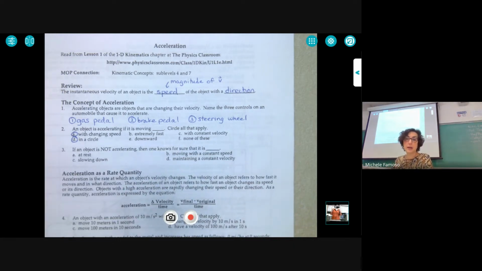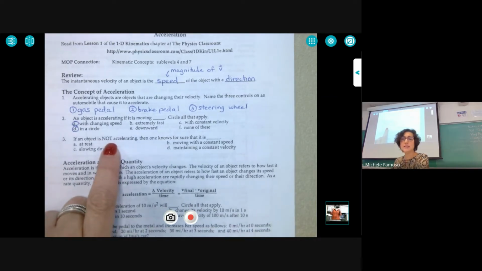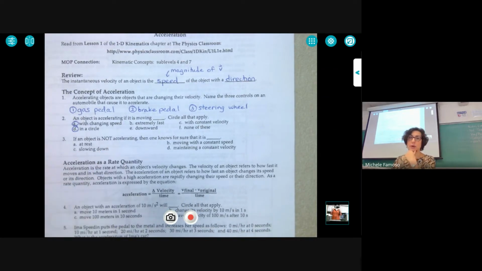All right, number 3. If an object is not accelerating, then what do you know for sure? Only one of these is correct. Which of these is the best choice if you are not accelerating? Okay.